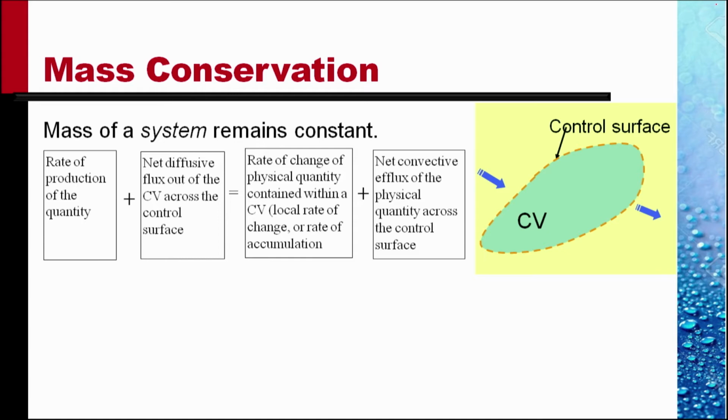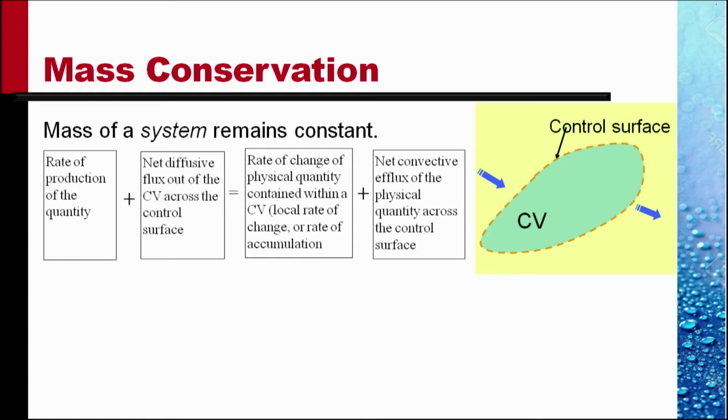As we discussed in the last lecture, the Reynolds transport theorem says that the rate of production of the physical quantity that we are dealing with, plus the net diffusive flux out of the control volume across the control surface, should equal the rate of change of the physical quantity contained within the control volume, that is the local rate of change, or the rate of accumulation, plus the convective flux of the physical quantity across the control surface.